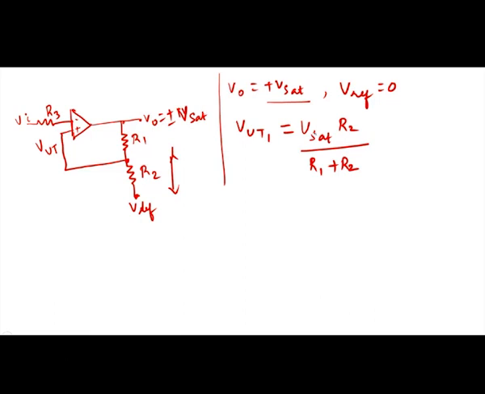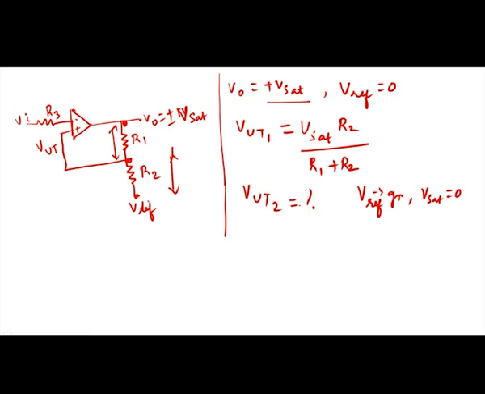So, it is represented as VUT1, and for VUT2, consider V reference is given, and V saturation is 0. In this case, the voltage across this R1 will be the voltage present at the positive terminal of a comparator.